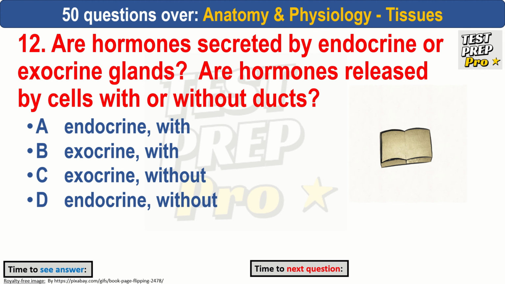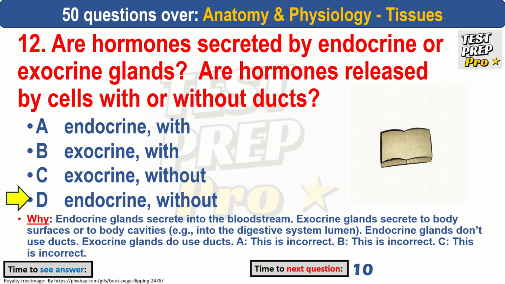Is it A, endocrine and with ducts, B, exocrine and with ducts, C, exocrine and without ducts, or D, endocrine and without ducts? The answer is endocrine and without ducts. Hormones are just immediately dumped in the bloodstream. They float throughout your body until they find a cell with the correct receptor type.